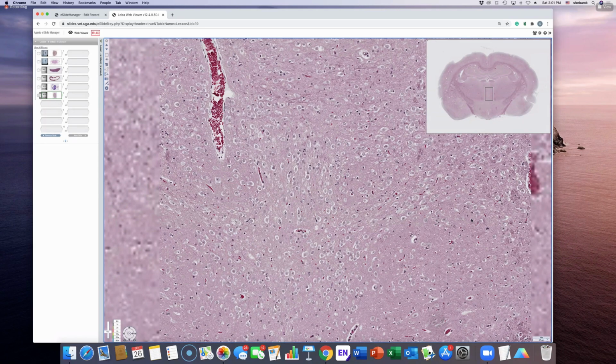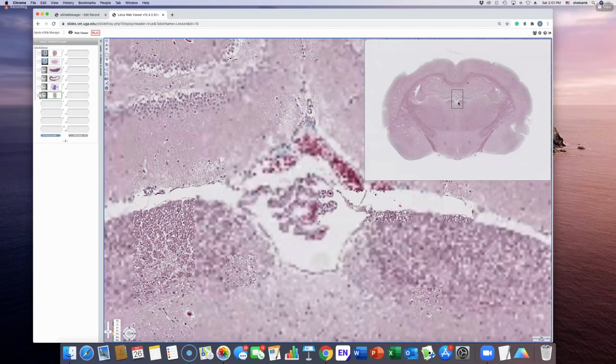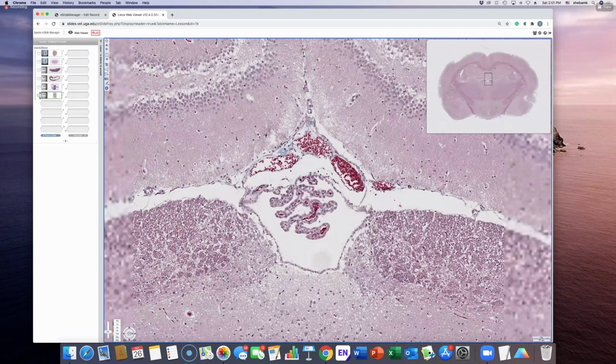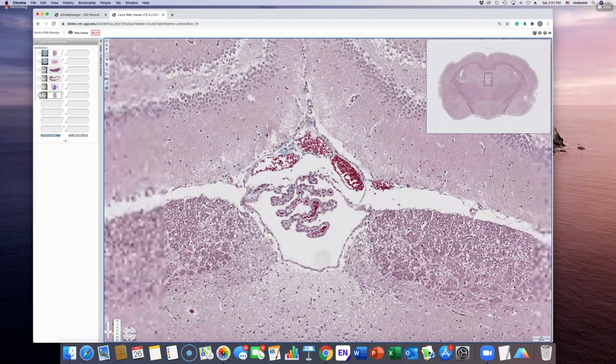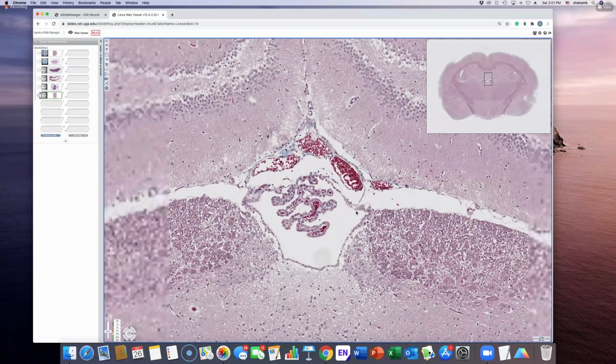There's one more structure that we need to see here. What is this structure? That is the choroid plexus. Awesome. It's a bunch of capillaries that filters the blood, producing something like plasma that circulates inside and outside the brain, cushioning it.